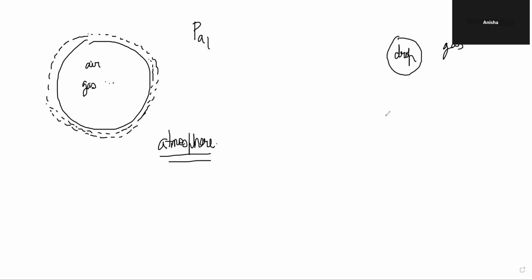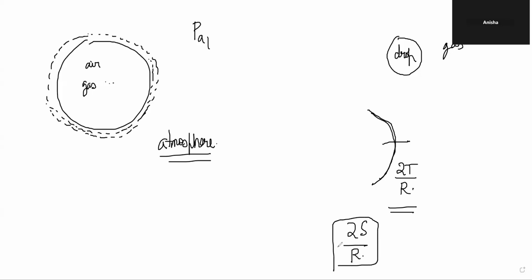If you do the revision for mechanical properties of matter, you should know that across every concave layer like this, there is a difference of pressure of 2T by R, or 2S by R, where S is surface tension. Pressure inside versus pressure outside, there is a difference of 2S by R. Do you remember that you've seen this before?